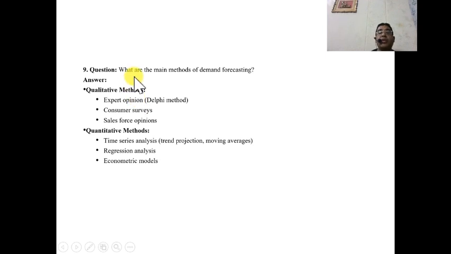Question number 9, what are the main methods of demand forecasting? Qualitative methods and quantitative methods, as we have explained earlier. Expert opinion or Delphi method, consumer survey, sales force opinion. And quantitative methods are time series analysis, regression analysis, and economic models.